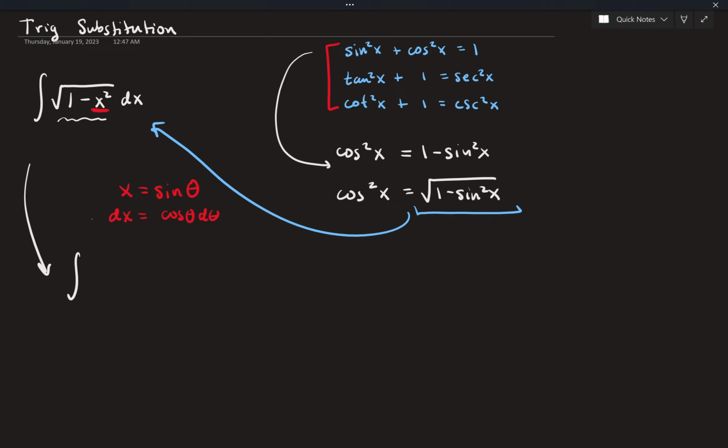When I plug in sine theta, I get 1 minus sine squared theta is cosine squared theta, and then I square root it and I get cosine theta, and then dx I just turn into cosine theta d theta.